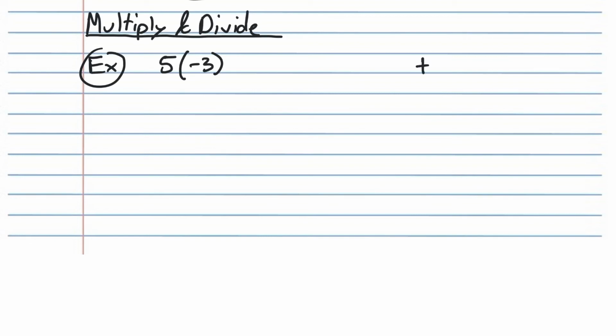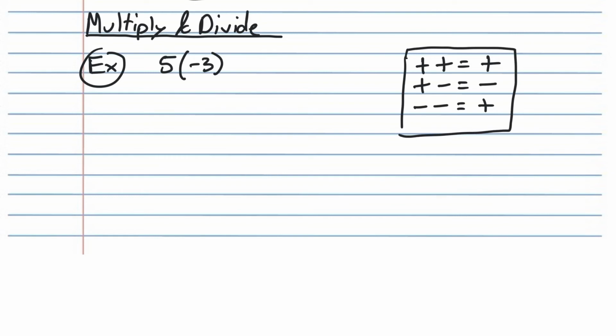A positive number times a positive number stays positive. Positive number times a negative number, the negative always wins, and double negatives make a positive. Okay, so that same chart still applies, but these ones are not consecutive. They're not back to back. Okay, so positive 5 times negative 3, well, 5 times 3 is 15, and a positive number times a negative number is negative.